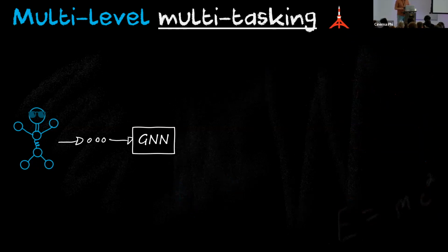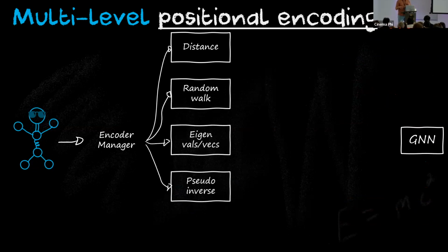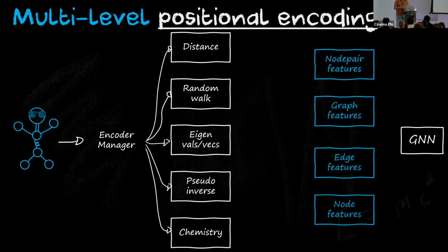Now let's look a bit at what was before the GNN. Before the GNN, we want to featurize the molecule. So we pass that into what we call the encoder manager, which allows us to put in information like distance between nodes, random walk, eigenvectors, eigenvalues, pseudo-inverse, and even things like chemical properties from the periodic table.